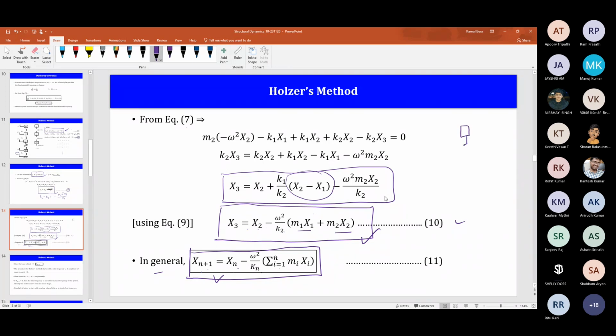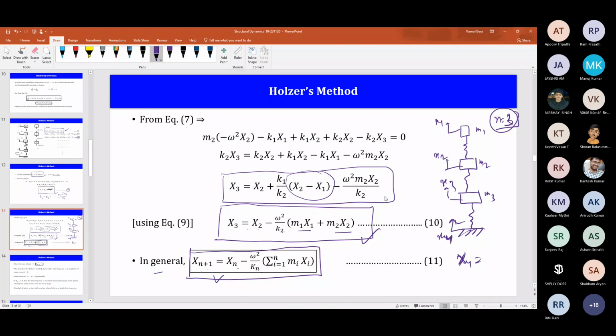For a 3 degrees of freedom system, if you have difficulty in understanding, please ask me. Let's say 3 degrees of freedom: m1, m2, m3, x1, x2, x3, and this one is x4. So here n equals 3. What is x(n+1)? That means what is x4?